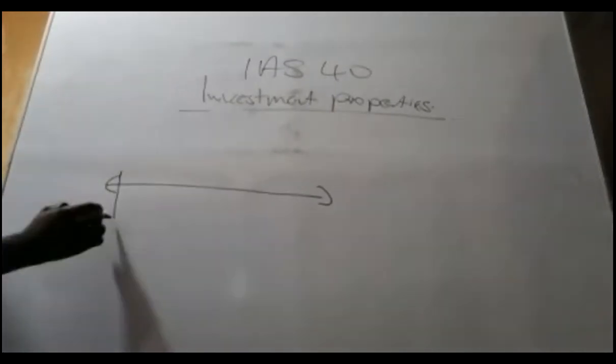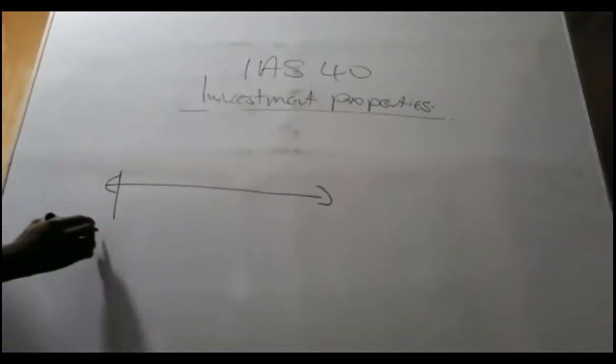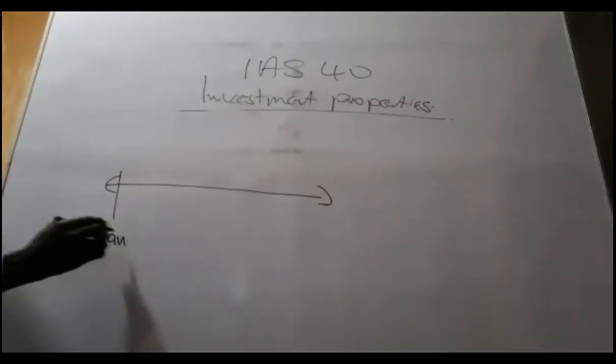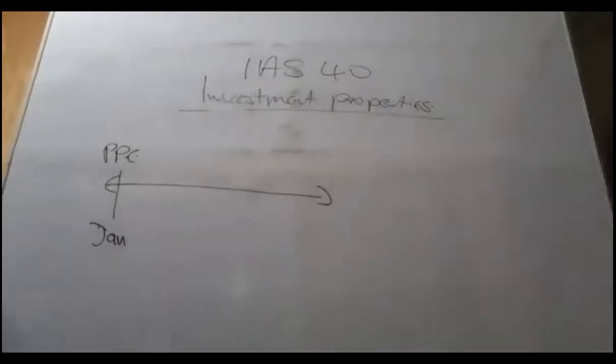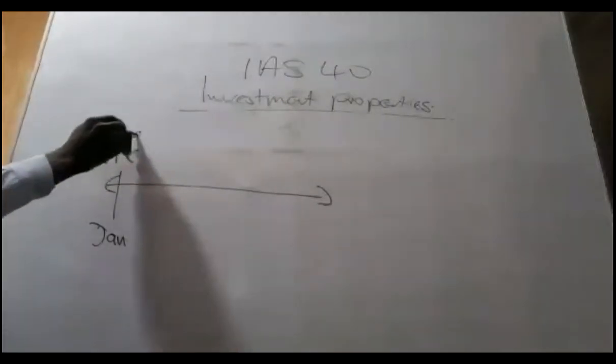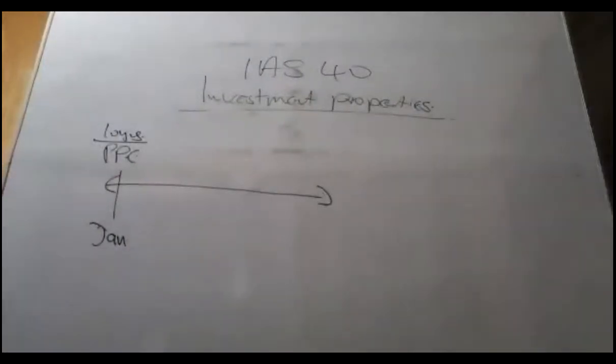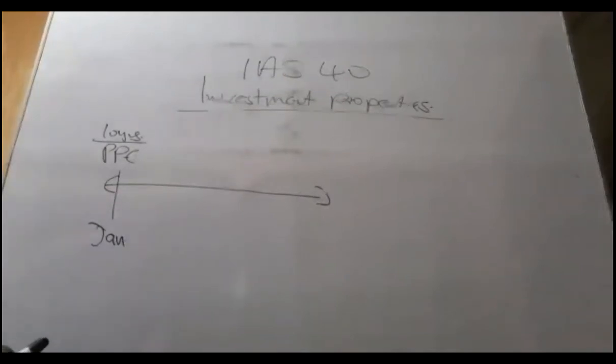Let's assume that this year, January, the item was PP. You bought it 10 years ago. Your office building, that's the head office. 10 years ago, you acquired an office complex for use as the head office.